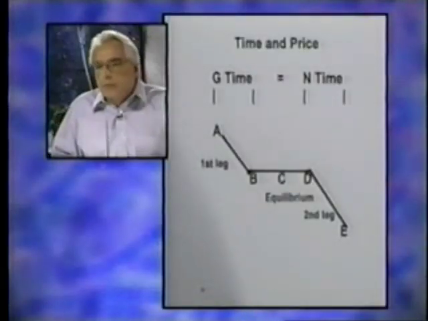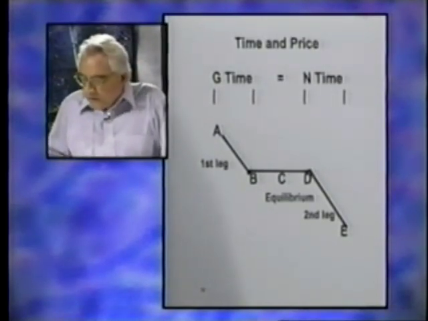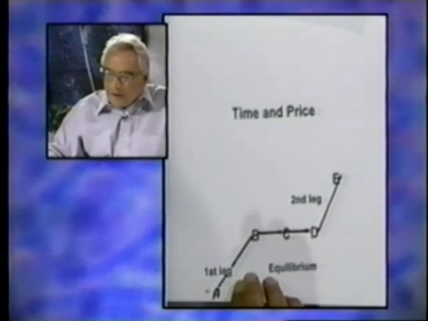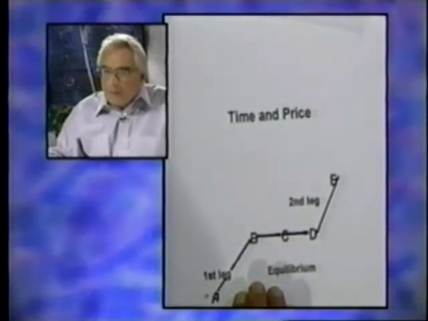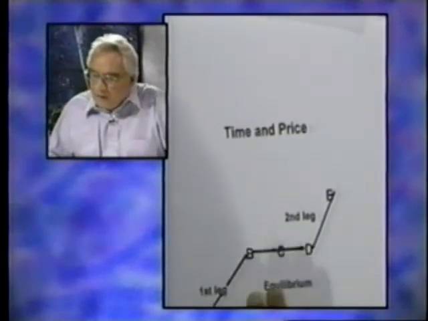On page 28, I have an illustration of the leg, the equilibrium, and the second leg, and the symmetry that's involved. And on 29, I have it going the other way, the leg up, separated by the equilibrium, and then the second leg.